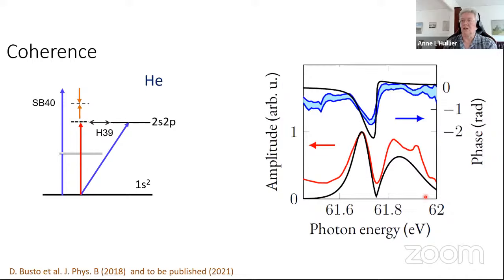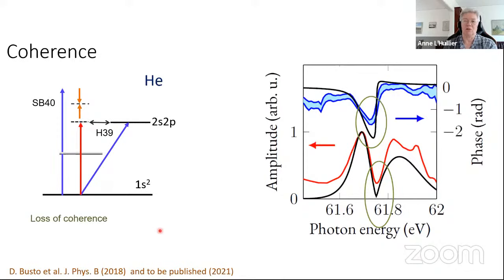The black line here represents a calculation. And you see that we don't see the same phase jump, it is reduced, and we don't see such a clear interference for the amplitude. So there seems to be a loss of coherence of the electron wave packet that we measure.